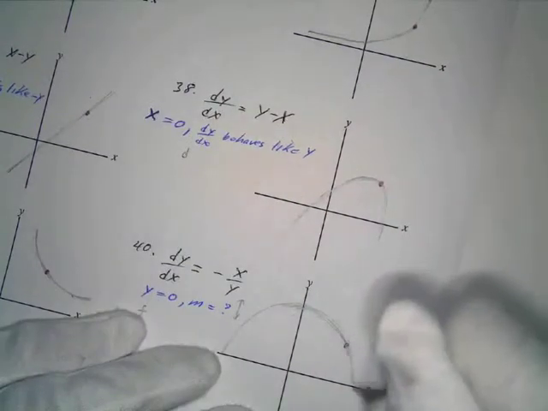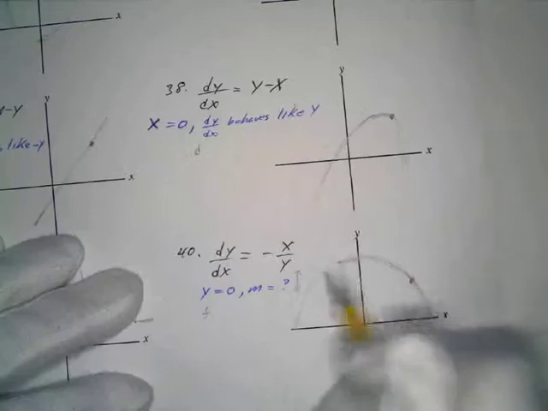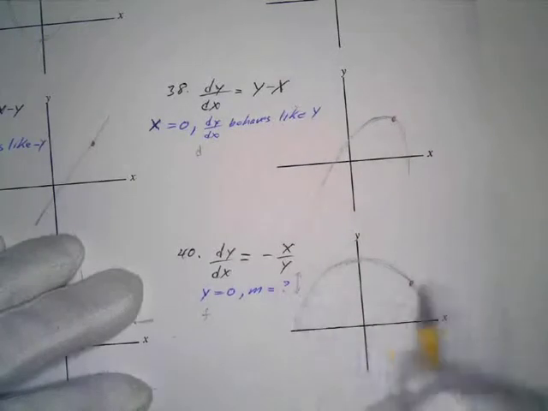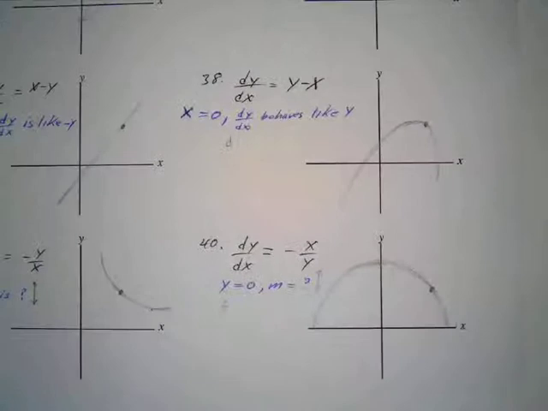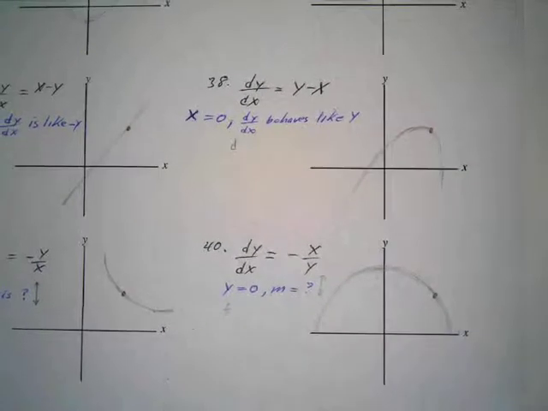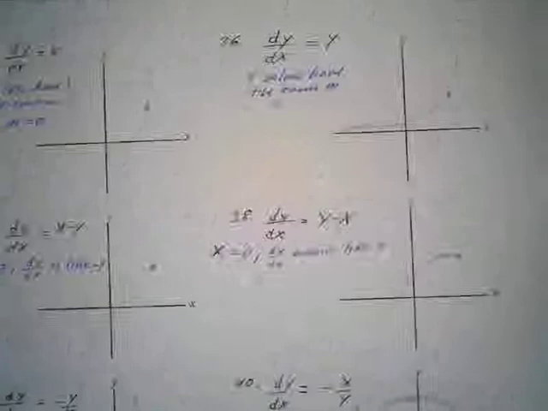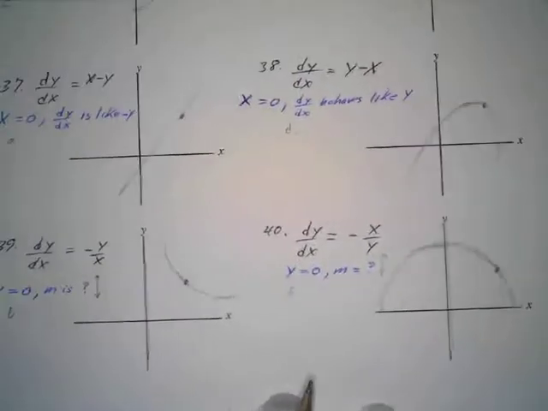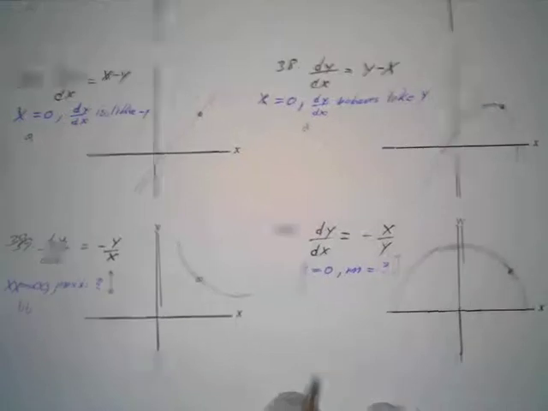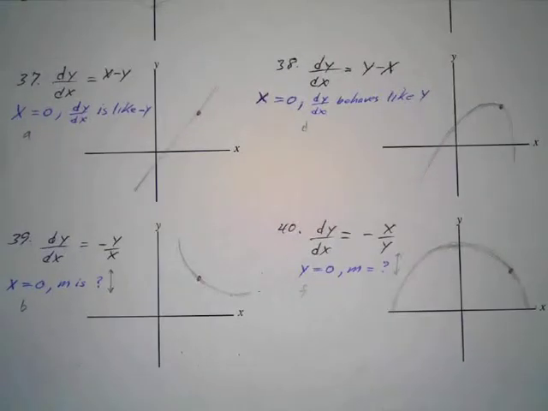Again, like I said, that's why you use a pencil. And I could have used a circular template here for that. Okay, so that's number 40. So we had to find the letter and then sketch it. Okay. So if you do something like that, that would be nice. Okay. Hope those help.